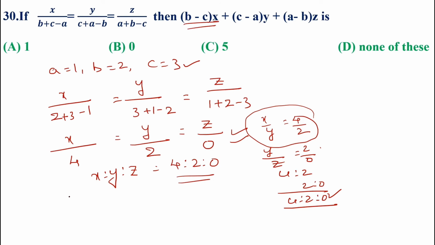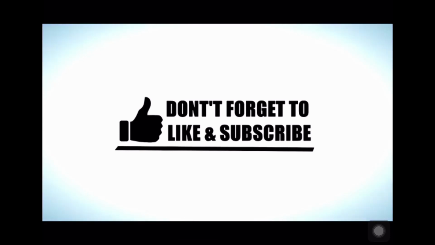B minus c means 2 minus 3 into 4, plus 3 minus 1 into 2. So a minus b into z means 0. It's not necessary to calculate. So minus 1 into 4, minus 4. Here 2 plus 4. So plus 4 minus 4 is equal to 0. So the answer is option P.